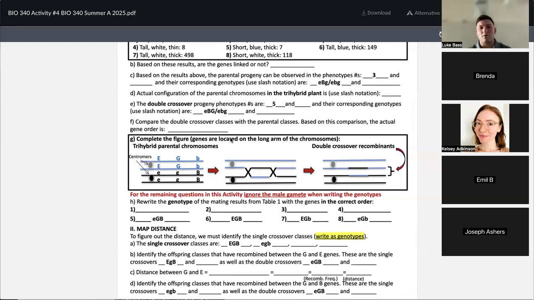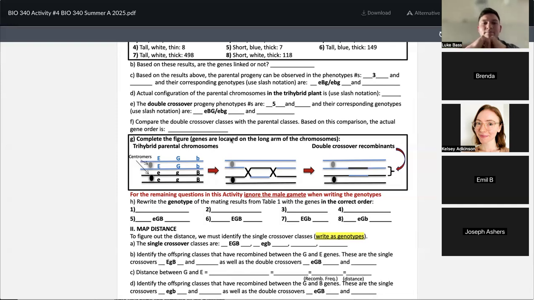Perfect. In order to find the middle gene, you have to compare these two genotypes. Oh, okay, I see. I was still fixated on doing it off the original parental genotype.